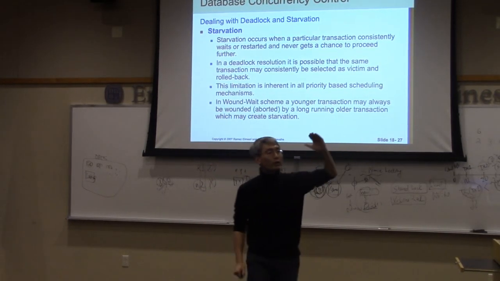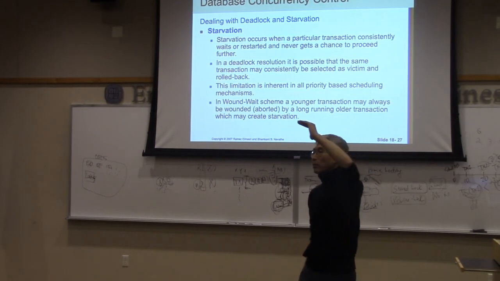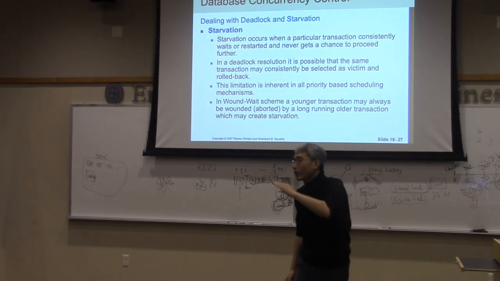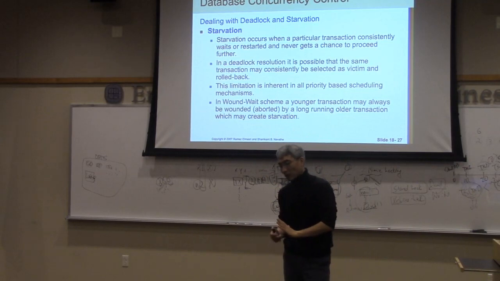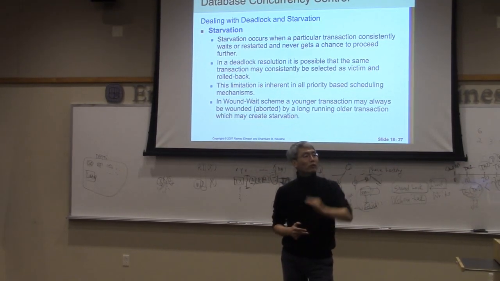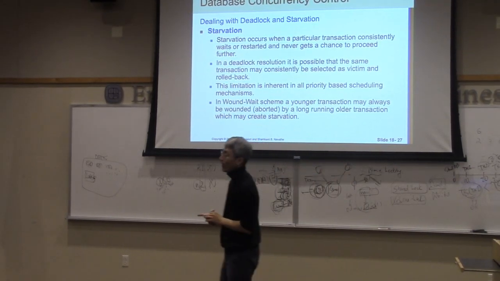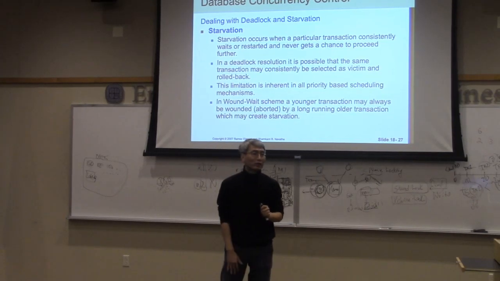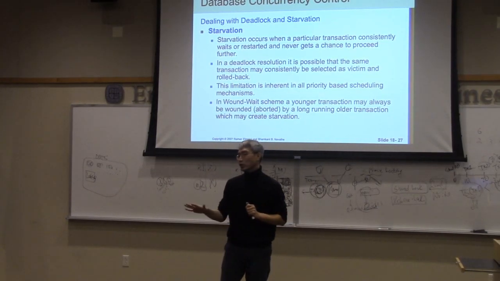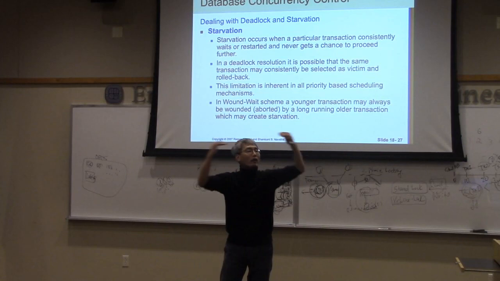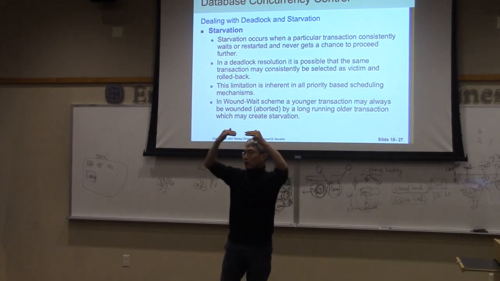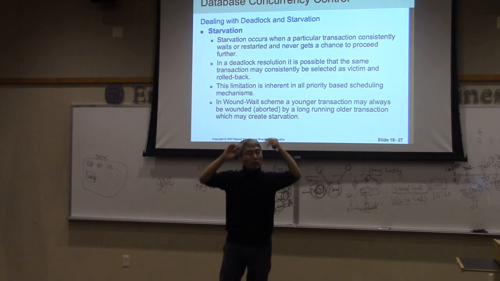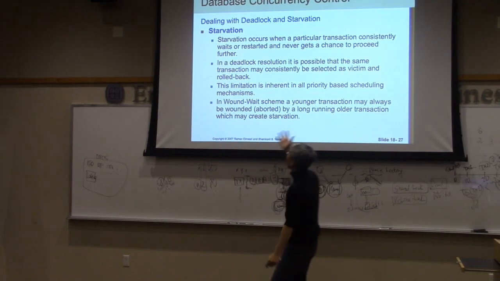You can give a priority to the process: priority 0, priority 1, priority 2. Windows uses 32 different levels of priority. Then what happens? If you have the lowest priority, you never get a chance while higher priority processes access the resource. That is called starvation.